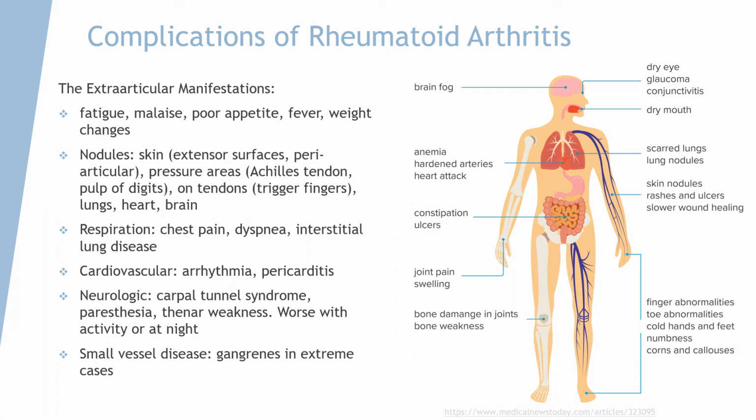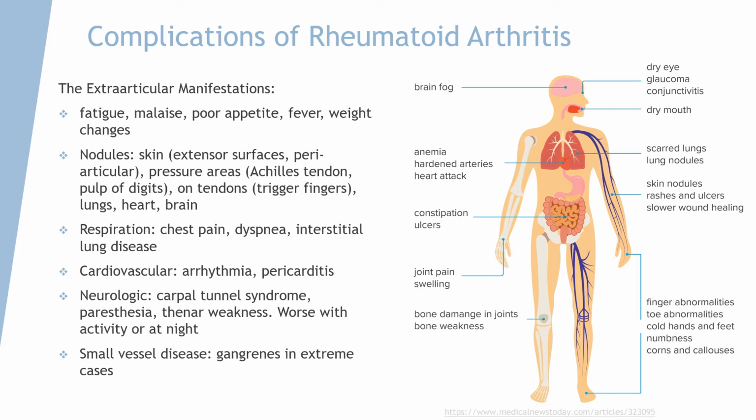This is just some of the symptoms that may be seen with this disease, and these manifestations do not have to be present for the patient to be diagnosed with rheumatoid arthritis. But that being said, some of the extraarticular manifestations include some of the systemic and B symptoms like fatigue, malaise, poor appetite, fever, and weight changes.